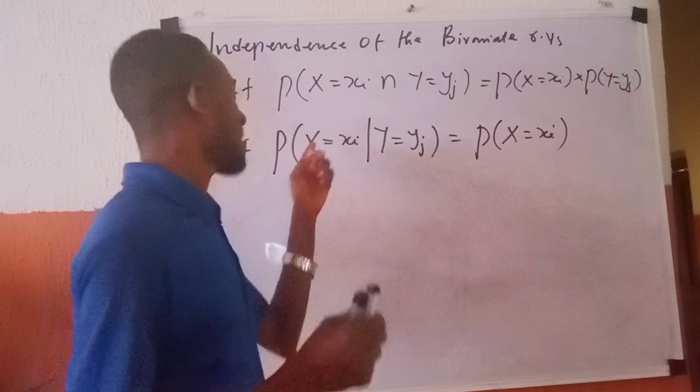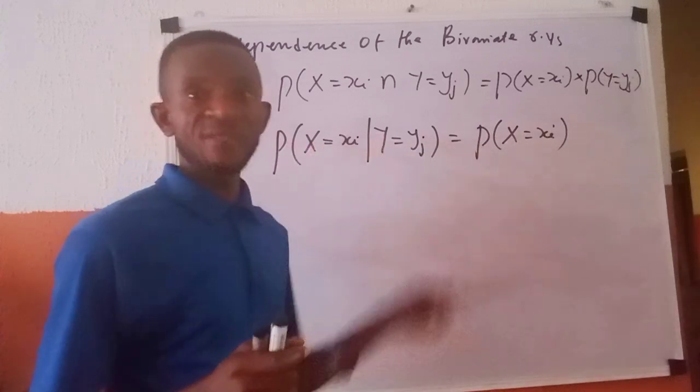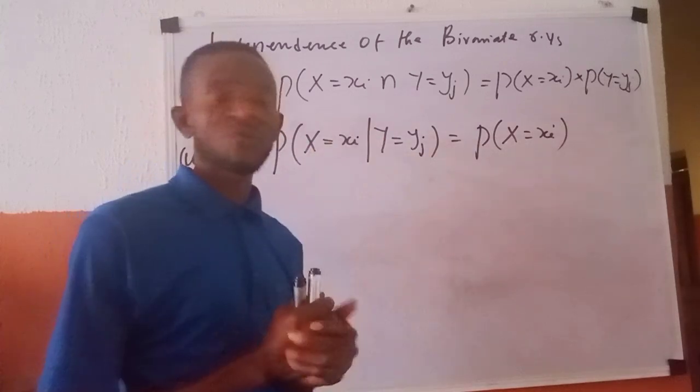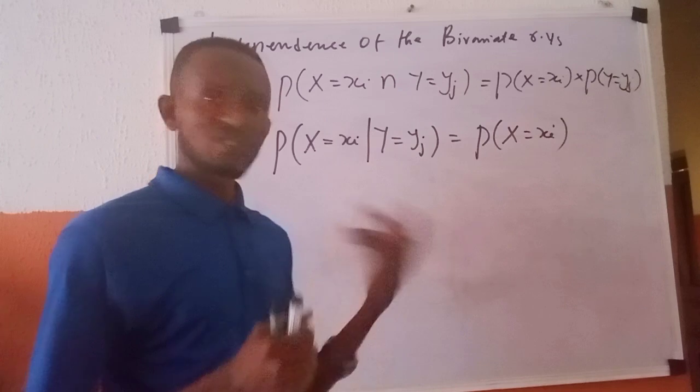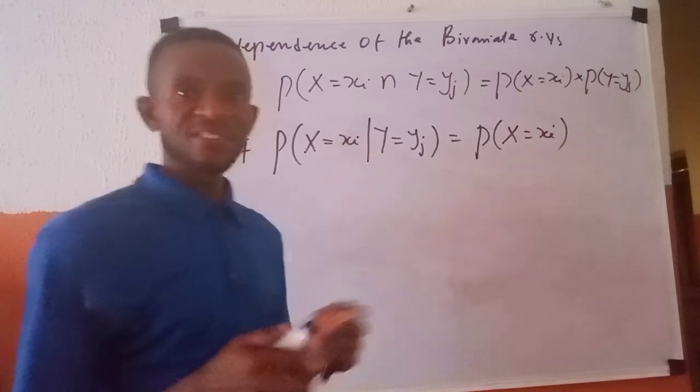So if the conditional probability of x given y still remains as the probability of x taking that value, we say that x and y are independent.